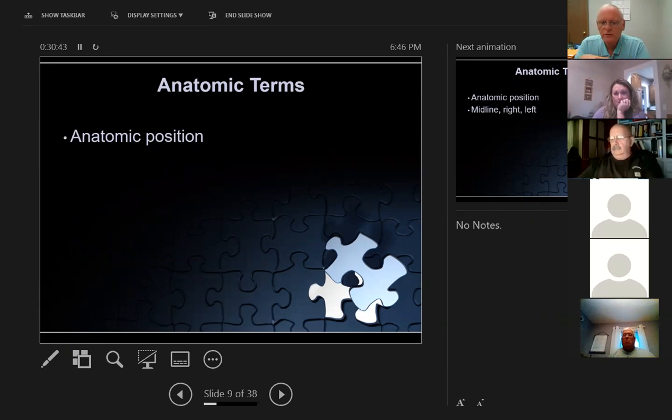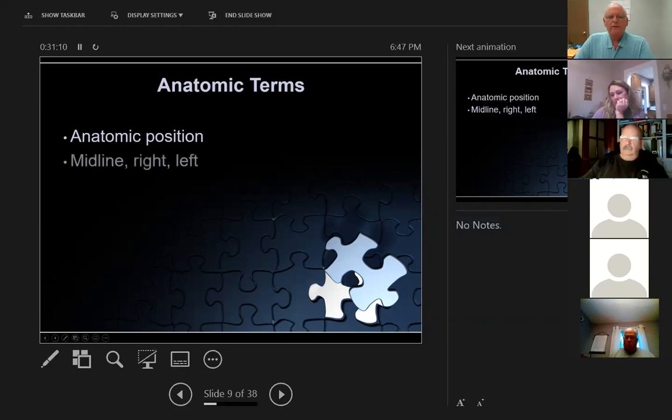The anatomic position is standing straight up, erect, facing you, palms forward. If my arm goes off this way, that's not in the anatomic position, so that's abnormal. Everything's referred to the anatomic position.